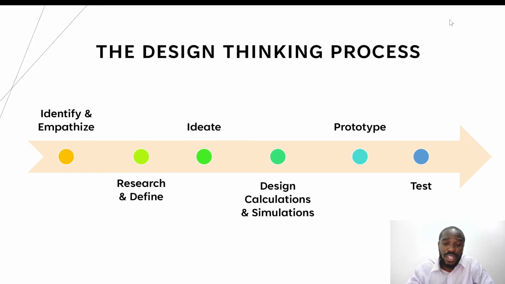Now, when you generate those ideas, then you begin to evaluate, you begin to analyze all the solutions that you generated to see which one will solve the problem best, which one is the best and most effective solution, taking into consideration costs, power usage, waste generation, and all of that.